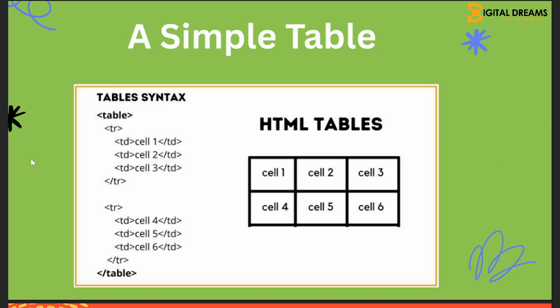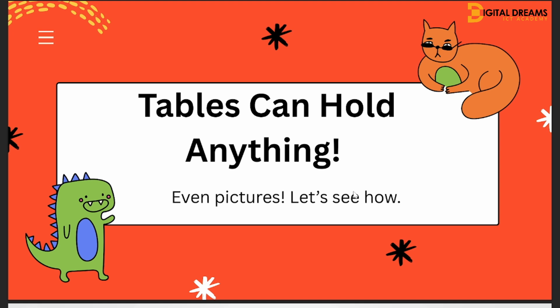This is a basic example of what the table looks like, where you have the table head, the table row, which has a lot of table data inside. This one has the TD, cell 1, TD, cell 2. Now this is how it came out: cell 1, cell 2, cell 3. So like I already told you before, this is how your basic table looks. And like I said, tables can hold anything, even pictures. Now let's see how we can do that.